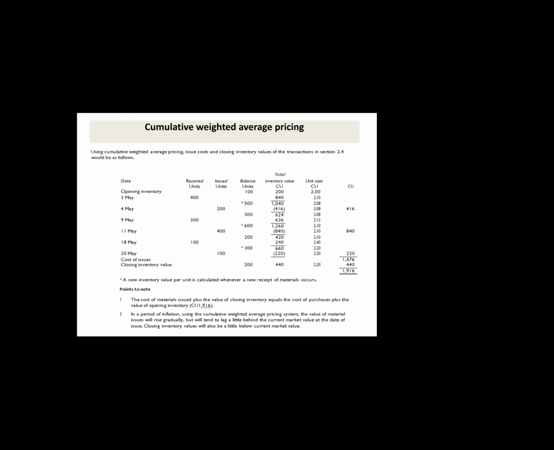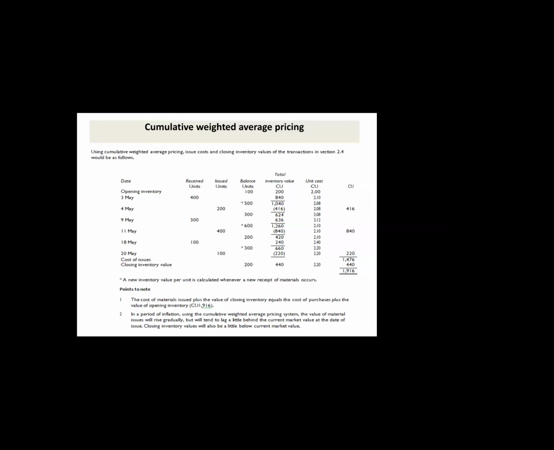What have we done? Point to note, the cost of material issued plus the value of closing inventory equals the cost of purchase plus value of opening inventory, as usual. And in a period of inflation, using the cumulative weighted average method pricing system, the value of material issued will rise gradually, but will tend to lag a little behind the current market value at the date of issue.